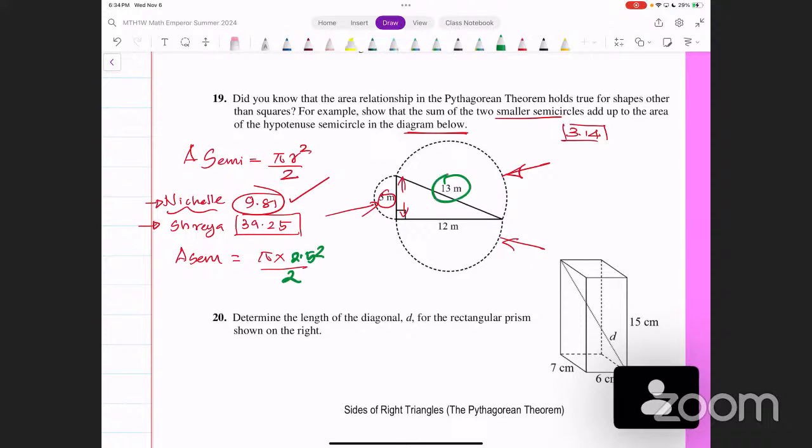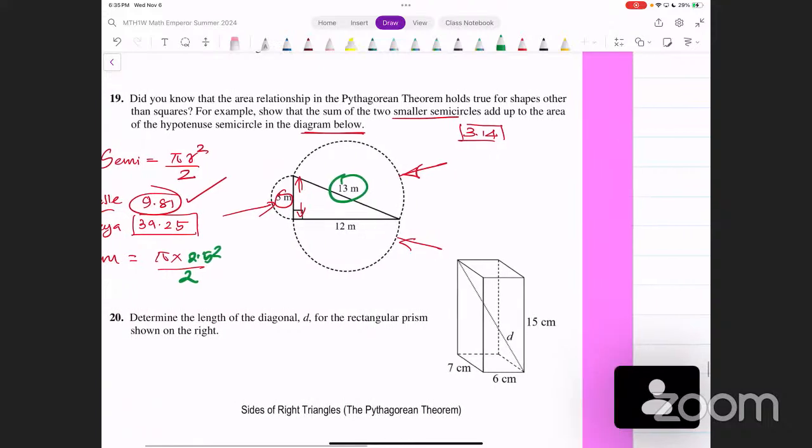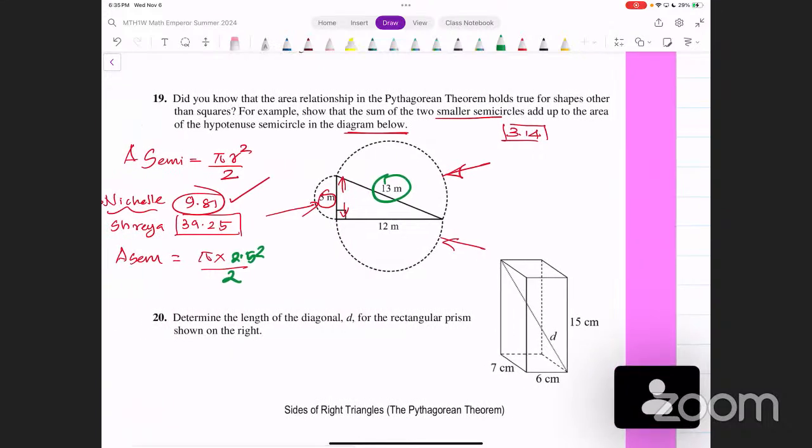All right, let's go back to Taban. Taban, what did you get here, sir? For 13, I got 10.2.